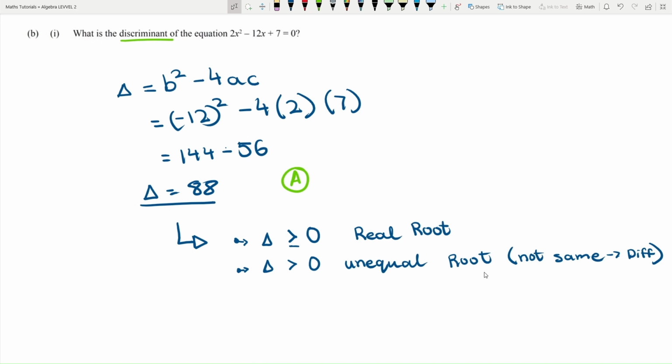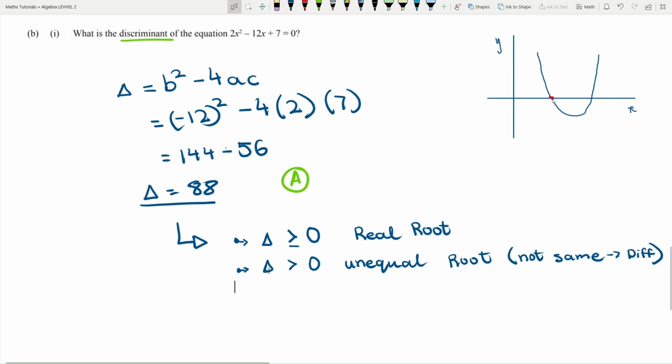Just for your understanding, when delta is bigger than or equal to 0, which is bigger than 0 right now, it is a real root. So the parabola touches the x-axis. That's called a real root.